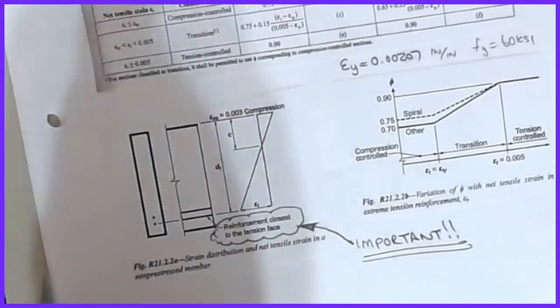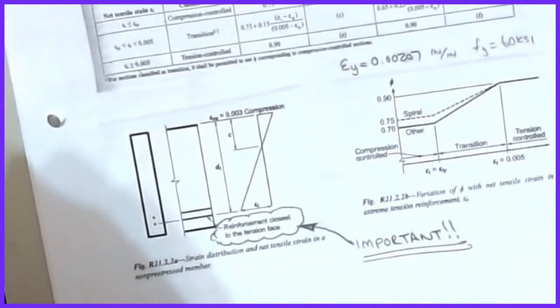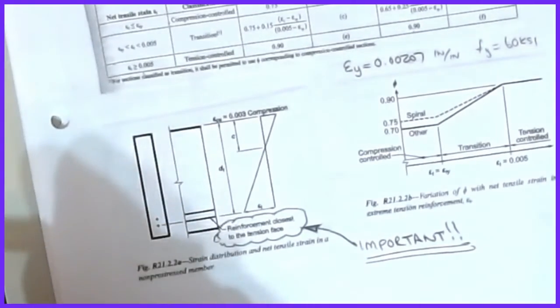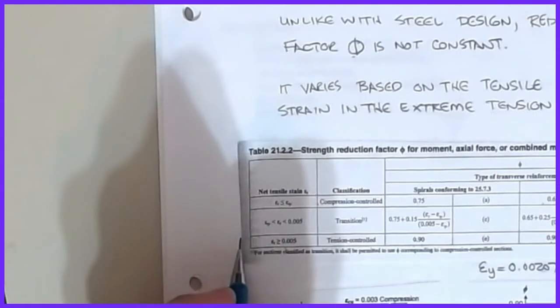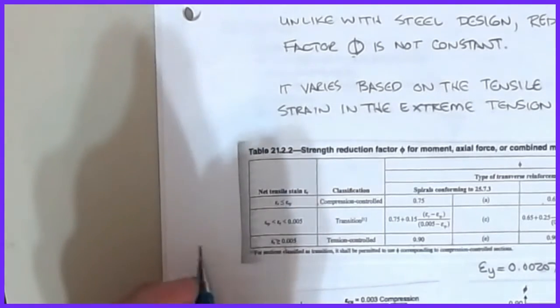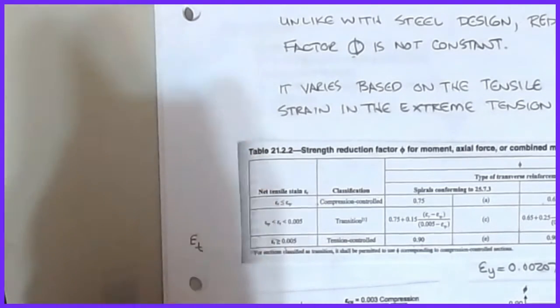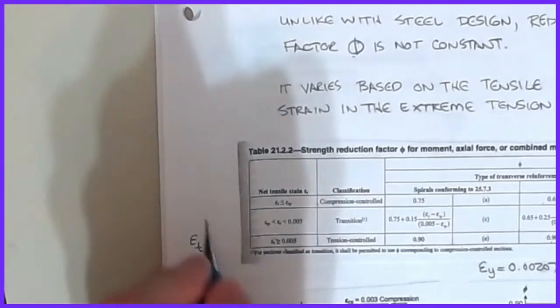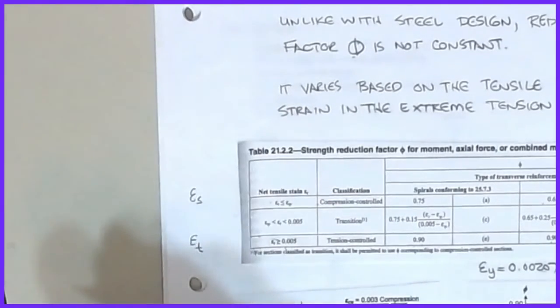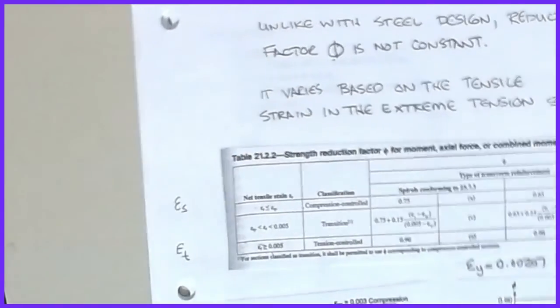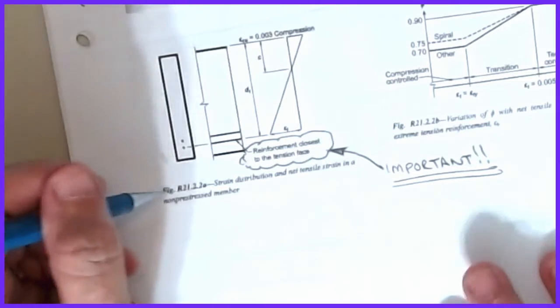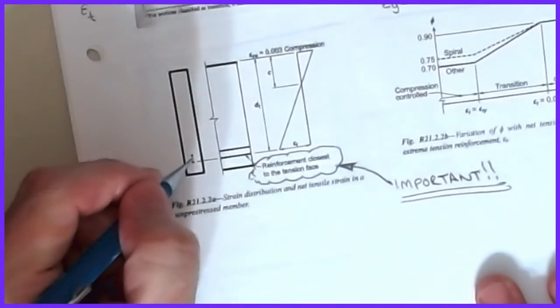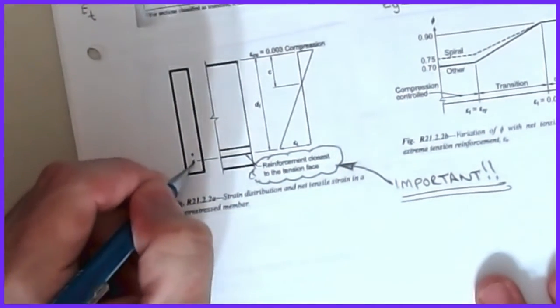Okay, now what we want to be able to do and to look at this is, if you'll notice, and it's kind of hard to see up here, that the variable that's there says epsilon t, okay? We're used to seeing epsilon s, which was taken at the centroid of the section, and that's where d was measured to. So what you got to be careful of, and there's this diagram that's kind of on that same page that you got to kind of watch out for. Here I have a section with two bars, all right?